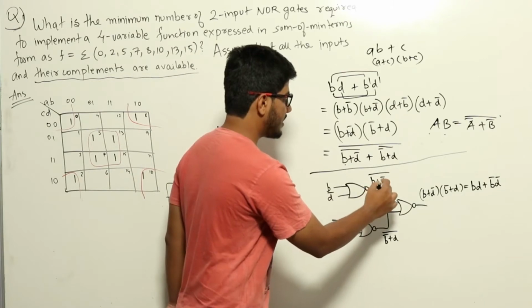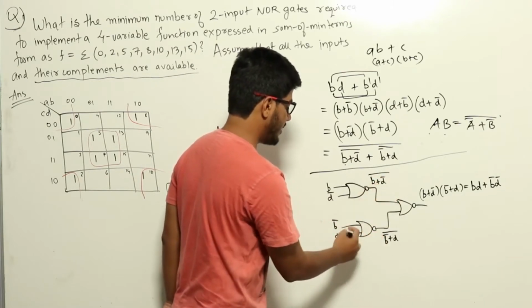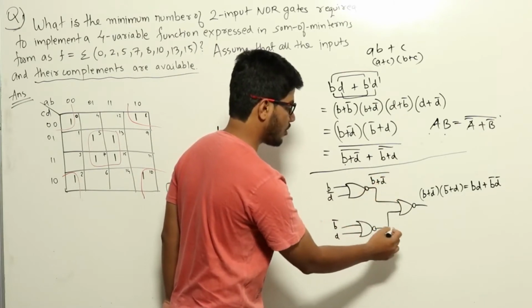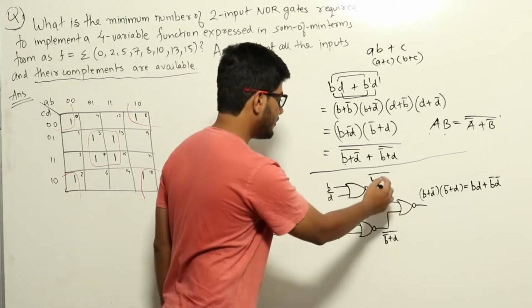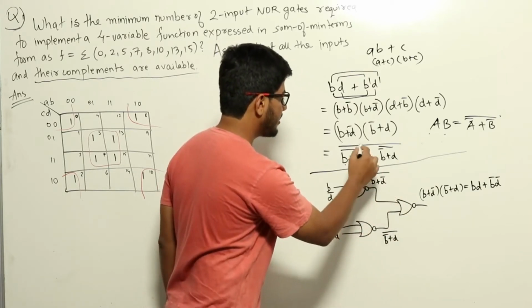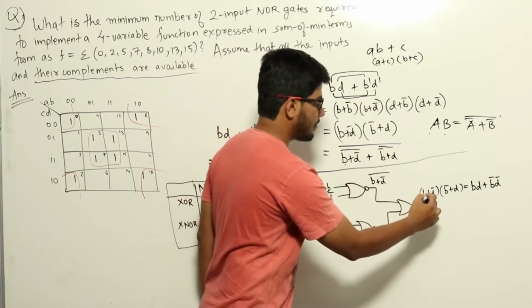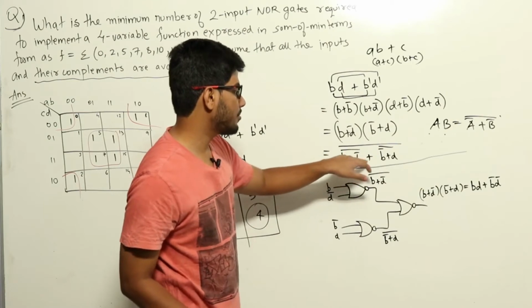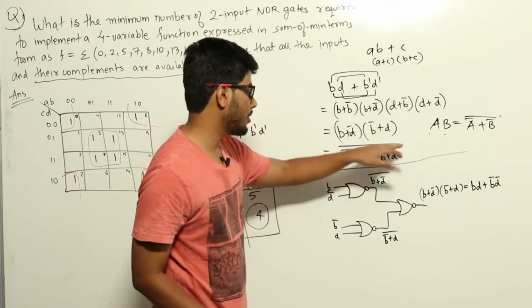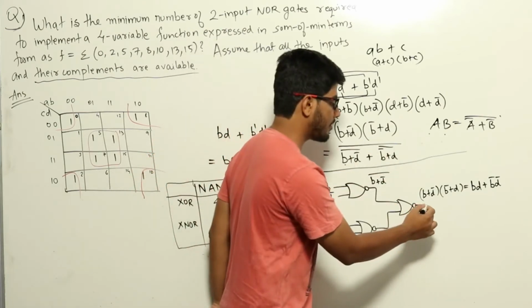So this will be B plus D complement, the whole complement. This will be B complement plus D, the whole complement. And these two come to a NOR gate, that is nothing but this particular expression: B plus D complement, the whole complement, plus B complement plus D, the whole complement, the whole complement. That's what will be coming out of here.